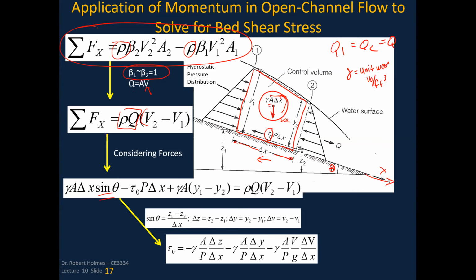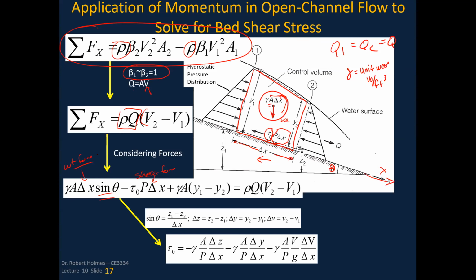If I fold that out, you can see that the area in contact with moving water is simply this P times delta x, okay? And so that goes as my shear force. So this is the shear force right here. This is the weight force here.